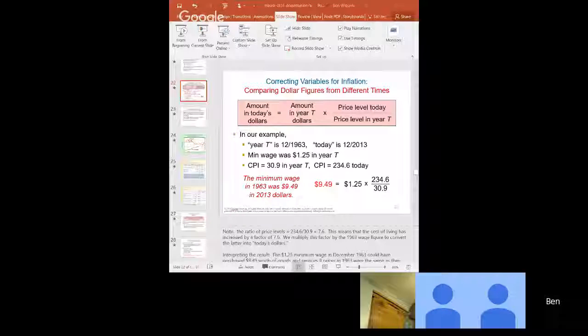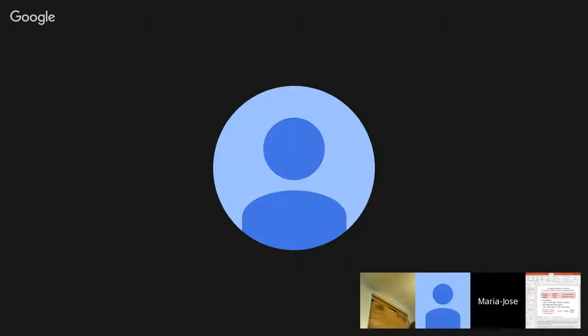So as a reminder, we have 181.44 is the CPI for 2011. So 2009.